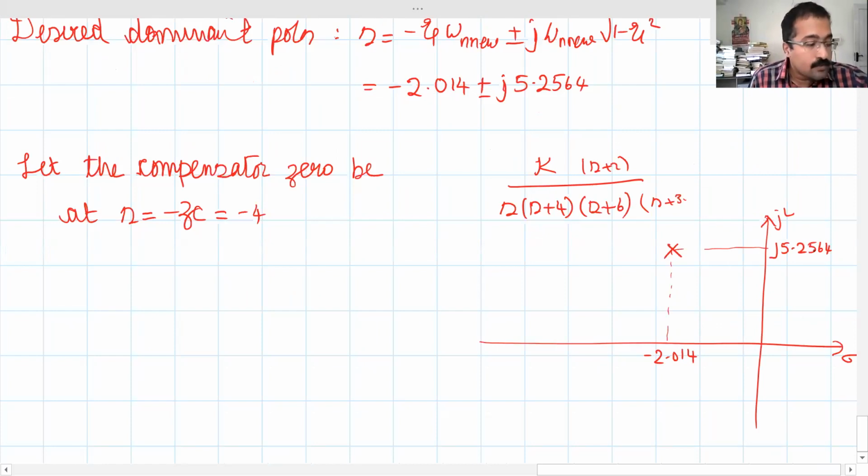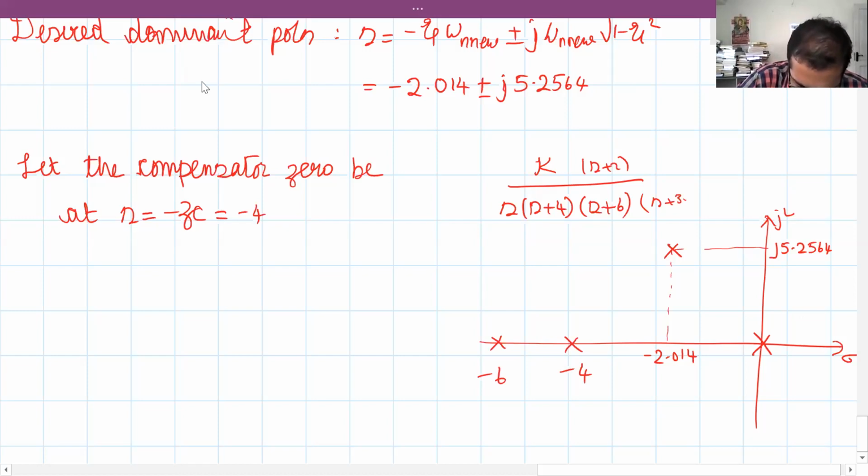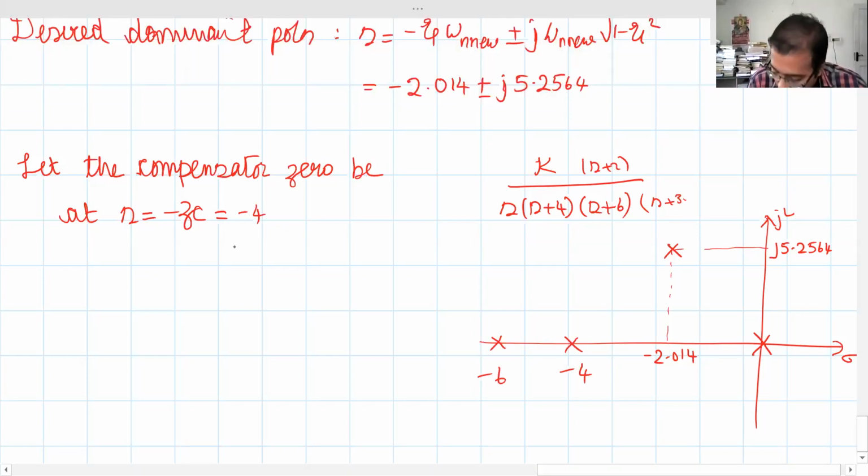Where are the open loop poles? Open loop poles were at 0, minus 4, and minus 6. Now that I have chosen my compensator zero to be at minus 4, the compensator zero at minus 4 and the plant pole at minus 4 get cancelled. Now we can calculate the net angle at the desired dominant pole.